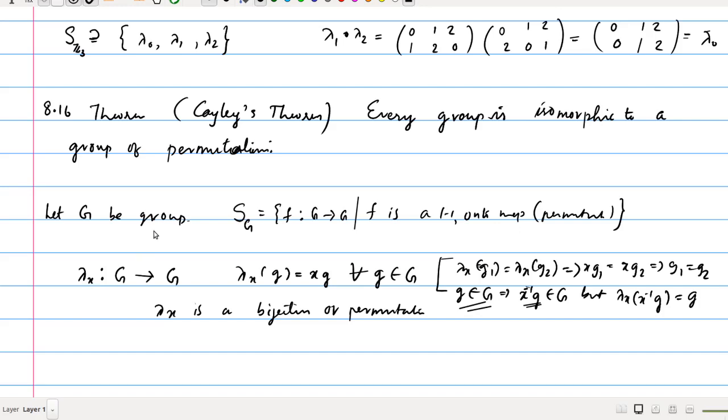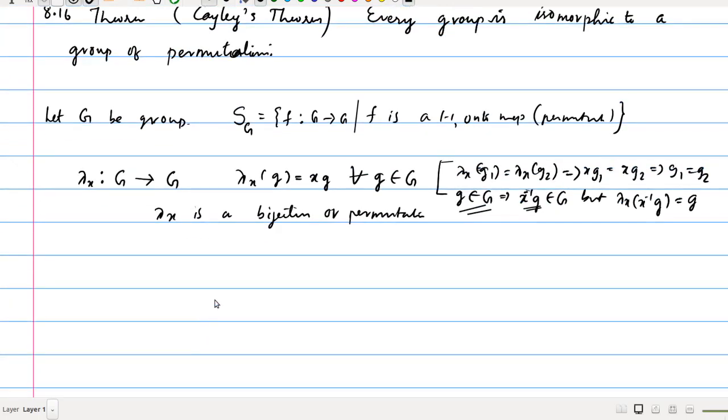This enables us to define a subgroup of this SG. I collect all the lambda x such that x belongs to G. We will prove that this is a subset of SG, and we will prove that this is a subgroup.